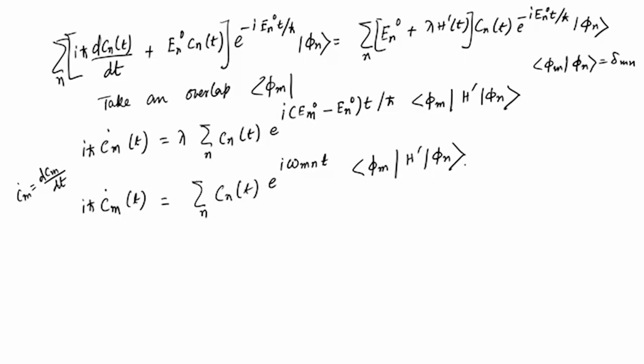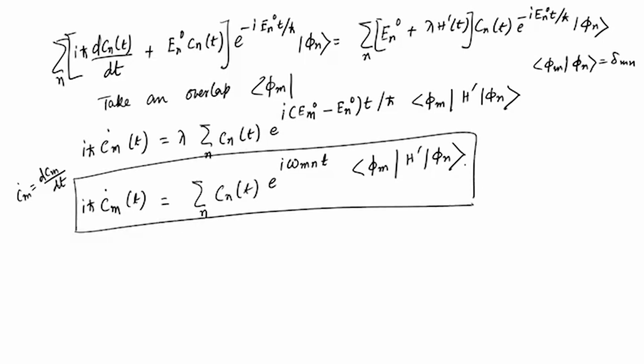Okay. So, this is an important equation which needs to be solved in order to solve for the time dependent problem. It has all the information, including the h prime that needs to be taken into account.